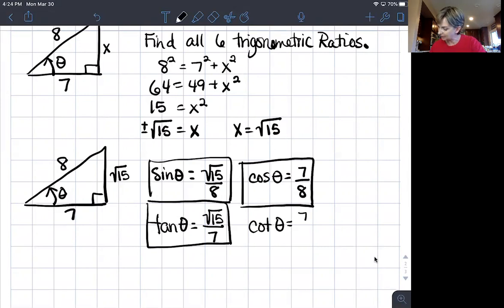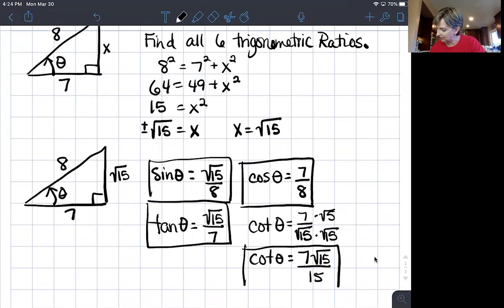So it's going to be 7 over the square root of 15. Don't like that square root in the bottom. We've talked about that earlier in pre-calculus. So we need to get rid of that square root on the bottom. So that's going to give me 7 square root of 15 over 15. Okay, there we go. We got rid of that square root in the bottom.